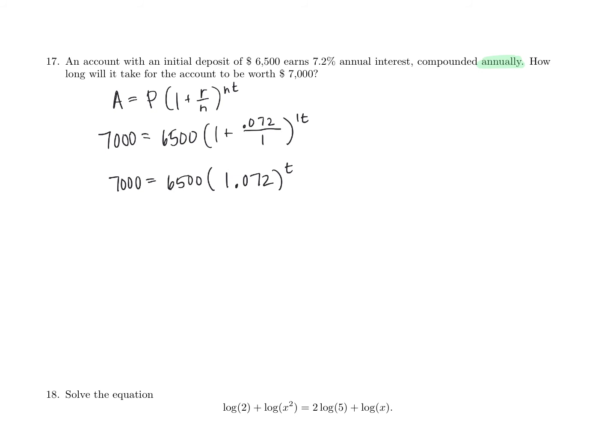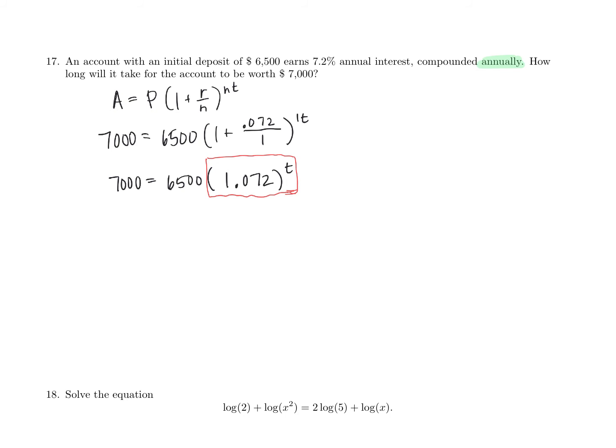Now, since we have our variable in the exponent, this is an exponential equation. So we're trying to get the exponential part by itself. What's raised to the t power? Just this 1.072. So we want to get what's in the red box by itself.